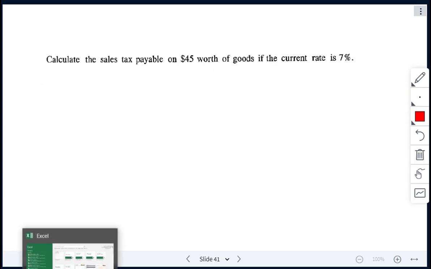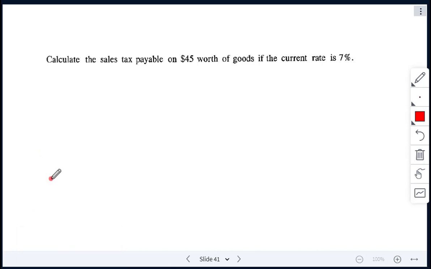All right, so for this example, it says to calculate the sales tax payable on $45 worth of goods if the current rate is 7%. We're just calculating the tax. So we just have to multiply the percent, put into decimal form, 0.07, and multiply by 45, and that gives us $3.15.